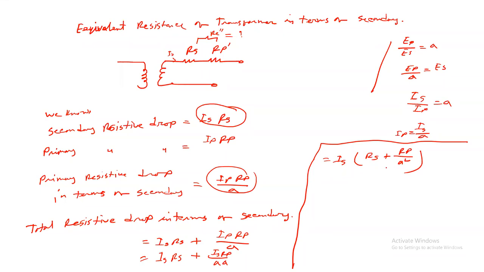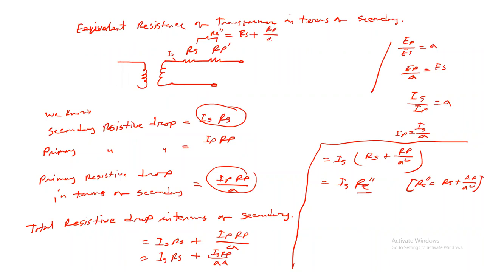So this is equal to IS times Re double prime. So Re double prime is equal to RS plus RP by A square.